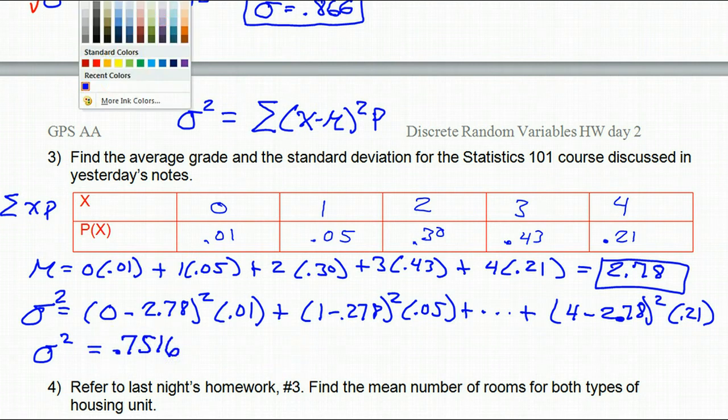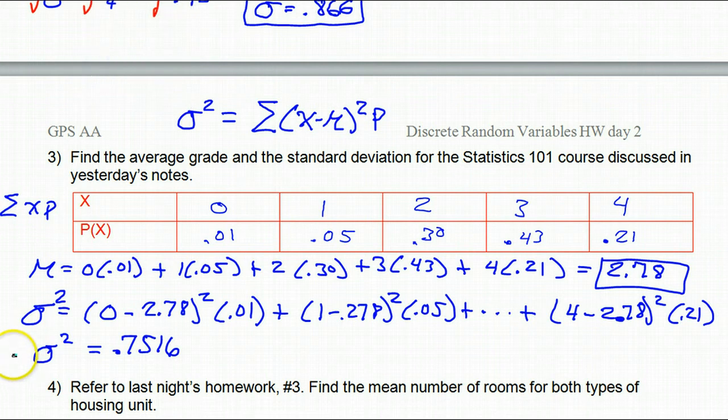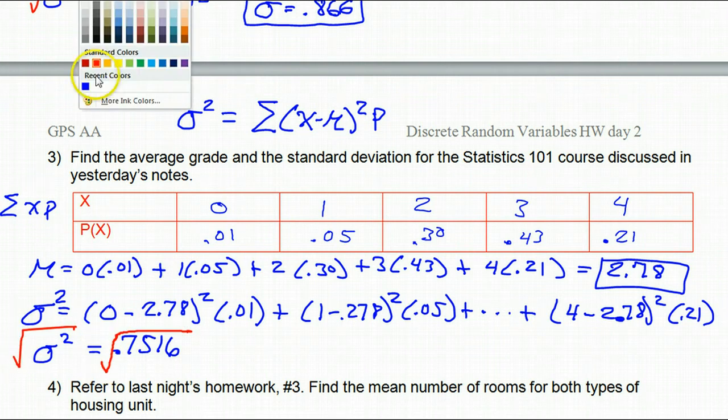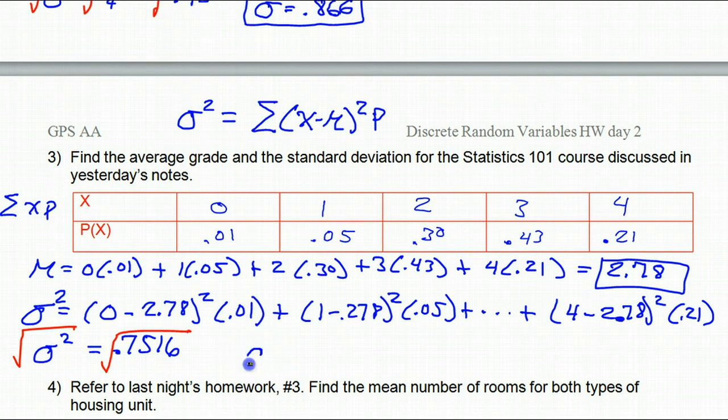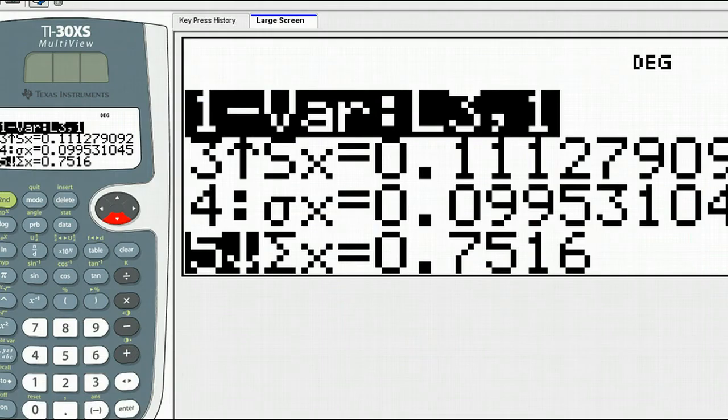To get the standard deviation, I need to take the square root of both sides. So the standard deviation is going to be the square root of whatever this is. So square root of 0.7516.